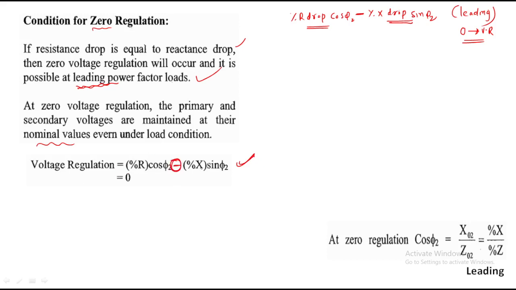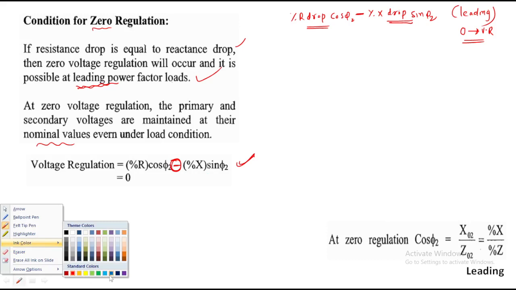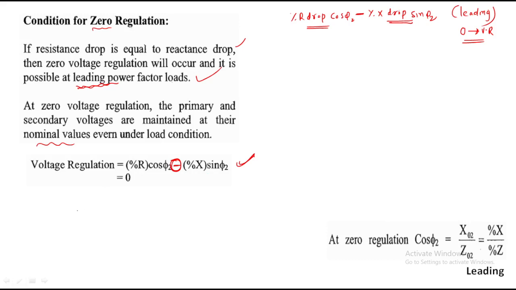Percentage R cos phi 2 minus percentage X sin phi 2. So from this, what is the power factor during zero regulation? Which is 0, percentage R cos phi 2 minus percentage X sin phi 2.